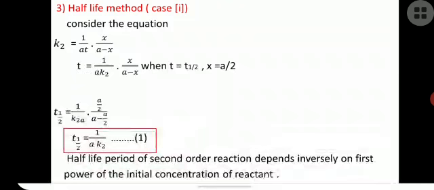When t is equal to t half and x is equal to a by 2, t half is equal to 1 upon k2 a into (a by 2) divided by (a minus a by 2), where t half is equal to 1 divided by a into k2. This t half is the half-life period. The half-life period for the second order reaction is inversely proportional to the initial concentration of the reactant.